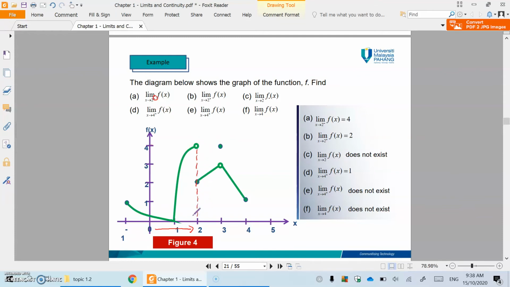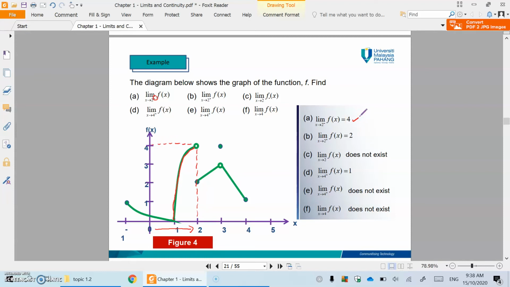So just focus on the graph that approaches 2 from the left, which is this curve. As x approaches 2 from the left, we see that our f(x) curve here approaches 4.